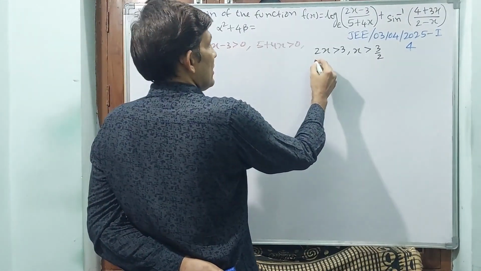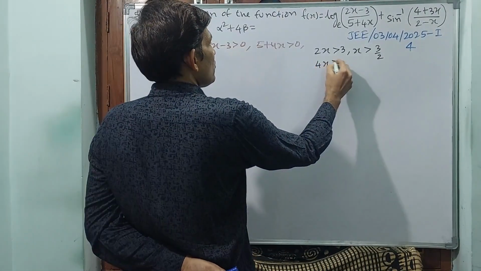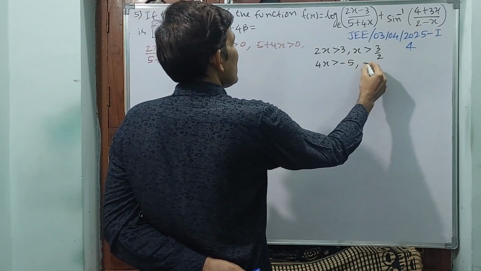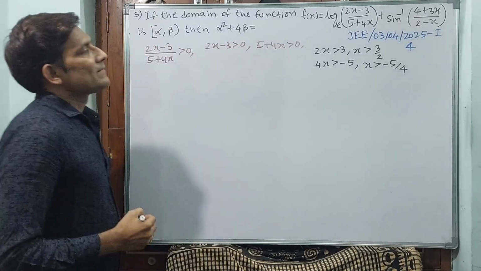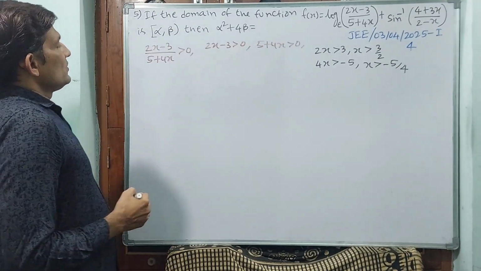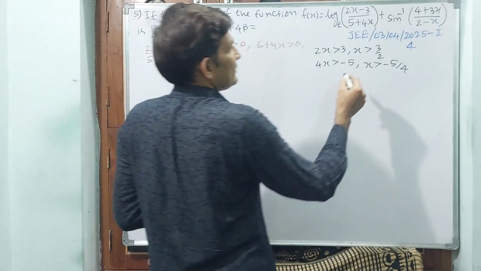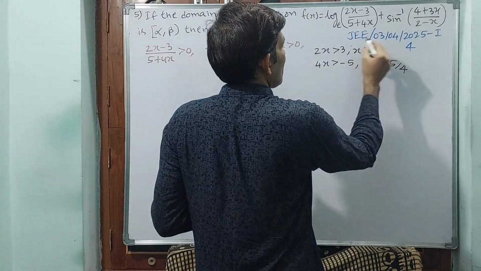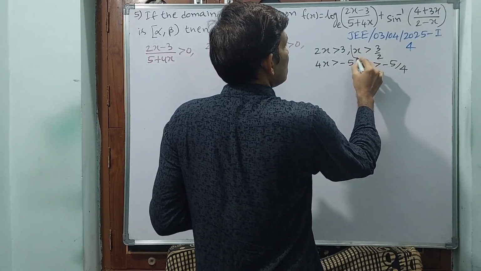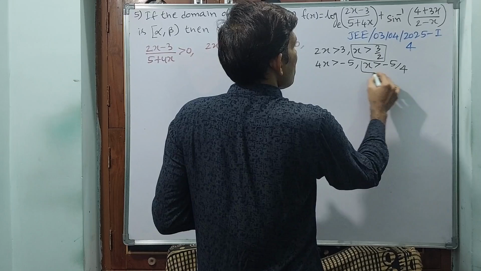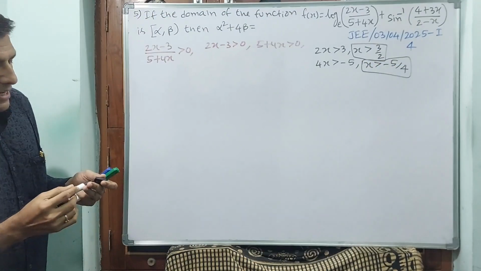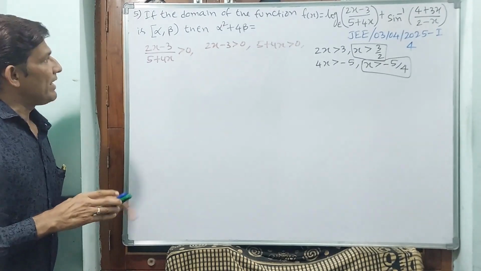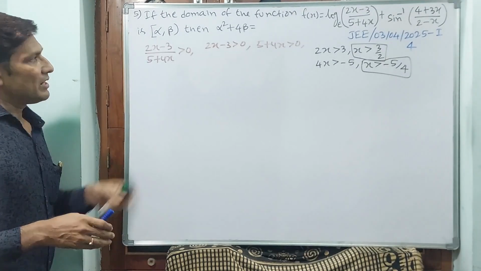And 4x should be greater than minus 5 and x should be greater than minus 5 by 4. Okay, this is one case. Naturally, we will take x greater than 3 by 2. x greater than minus 5 by 4 we can avoid. It will cover both.